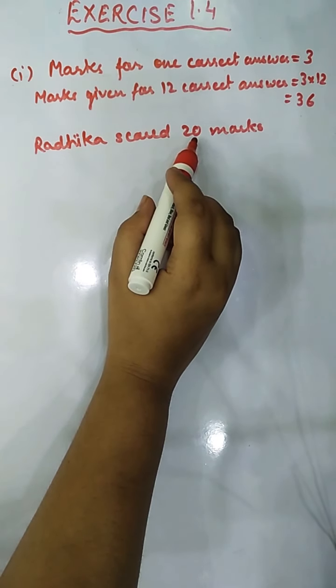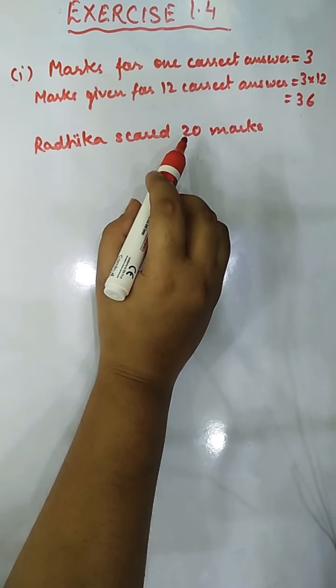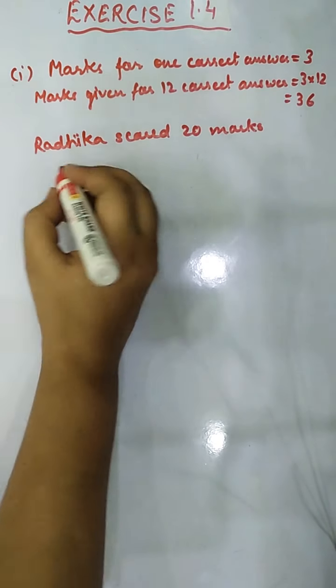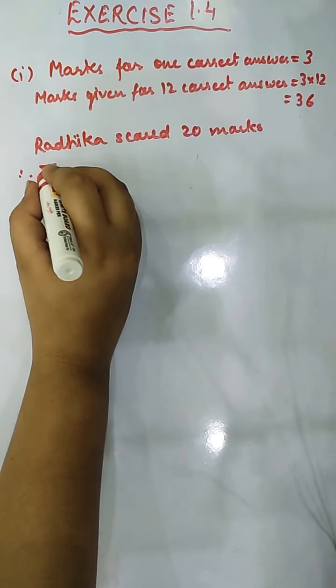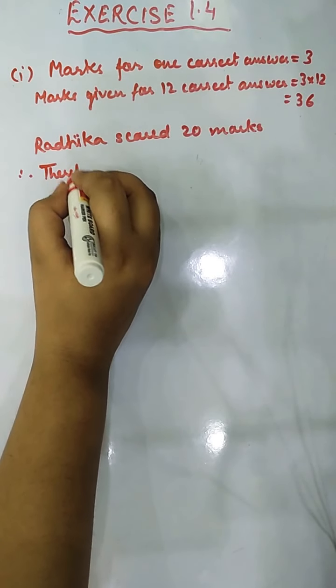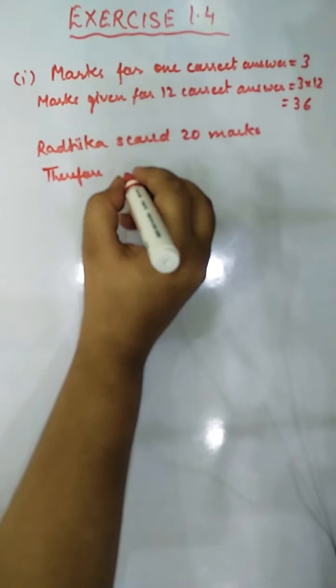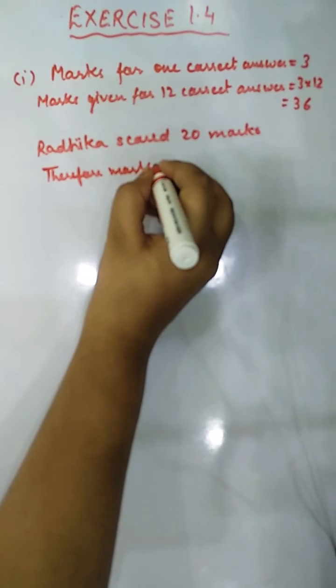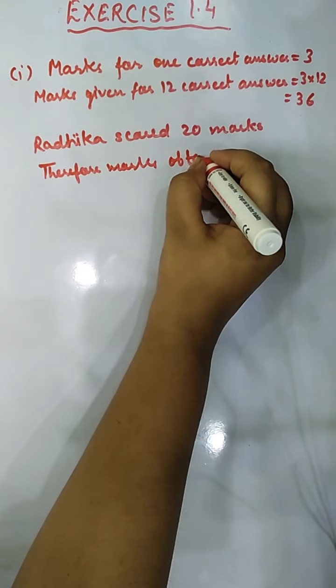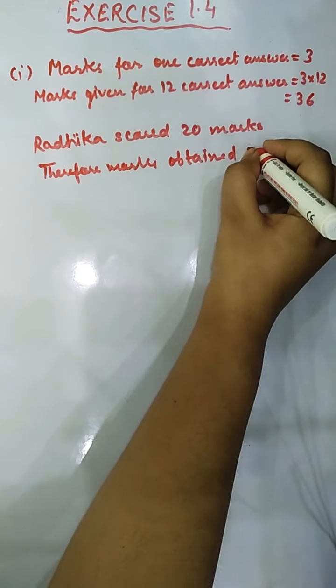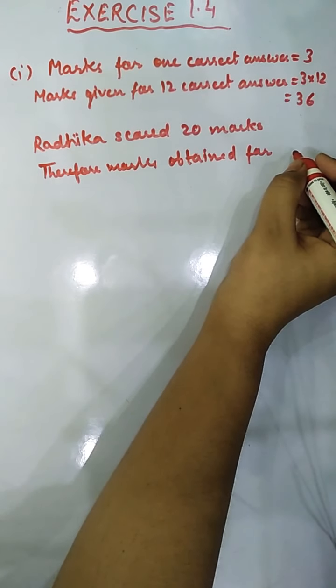She has scored 20. It means some marks might be deducted for the wrong answer. Therefore, what you will write? Therefore, marks. If you are writing therefore, no need to put the dots. Therefore, marks obtained for one incorrect answer is how much?